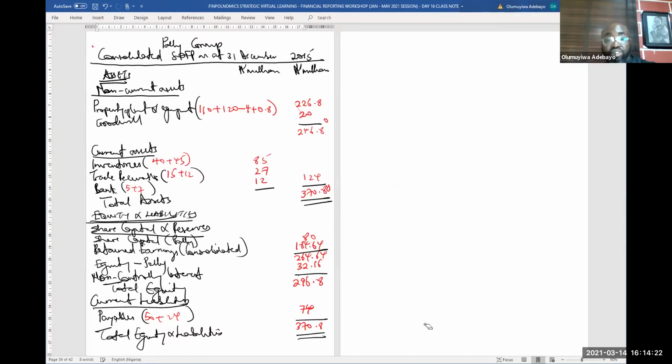Now, what will be the position if reverse is the case?